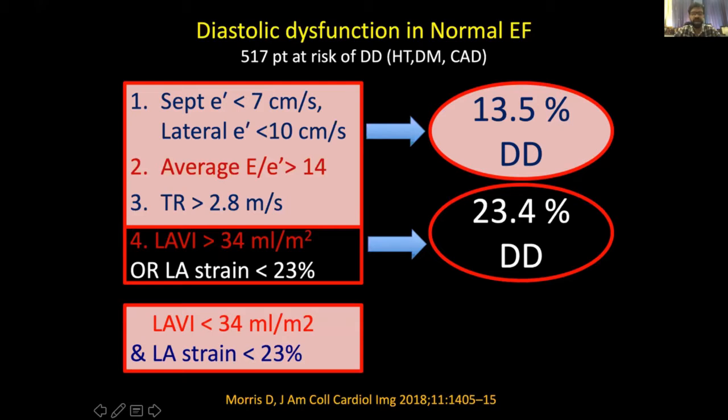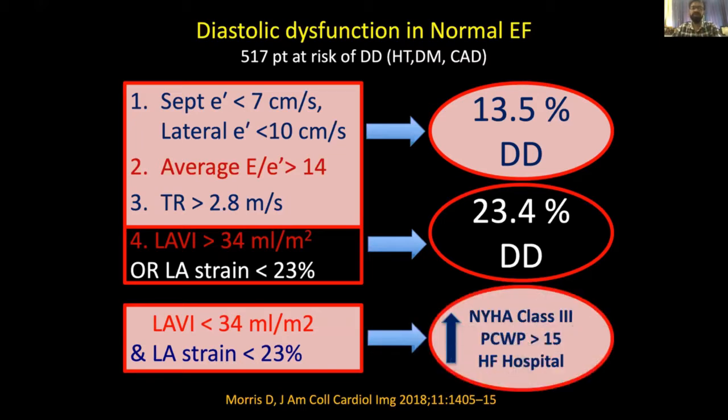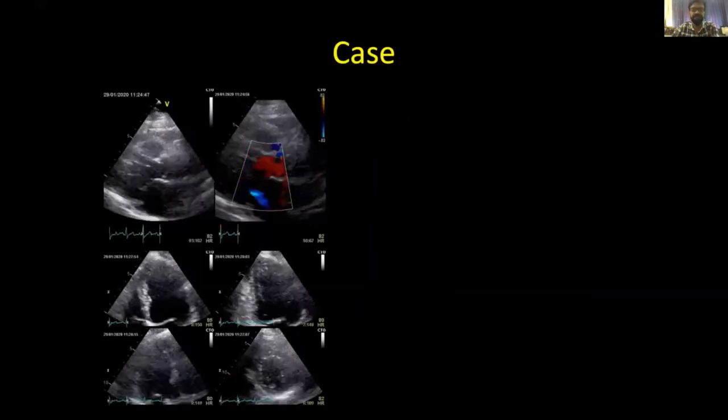And when we added an LA volume index, where the parameters are going down, then the risk of patients having NYHA class symptoms, a raised PCWP, or a heart failure hospitalization increased. So the point is there is an incremental value of LA strain which has still not been incorporated in our guidelines. So let's discuss this concept by case.